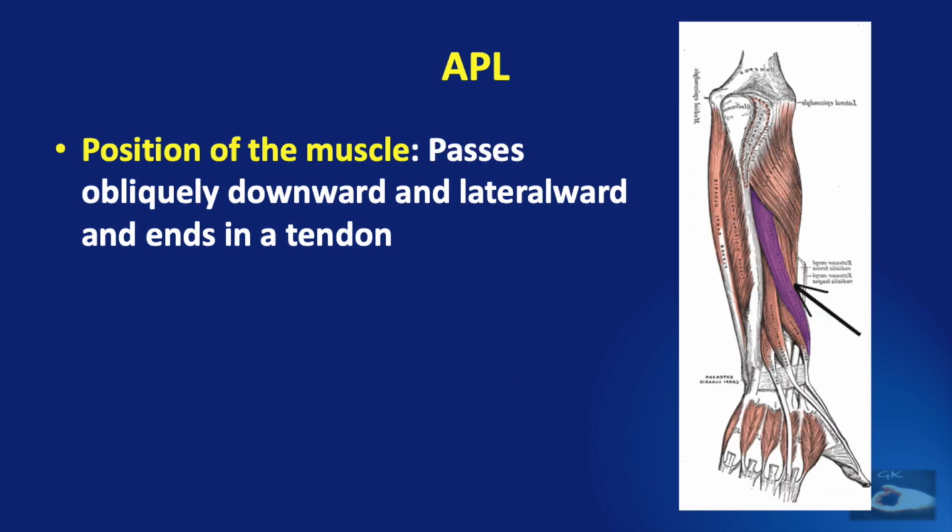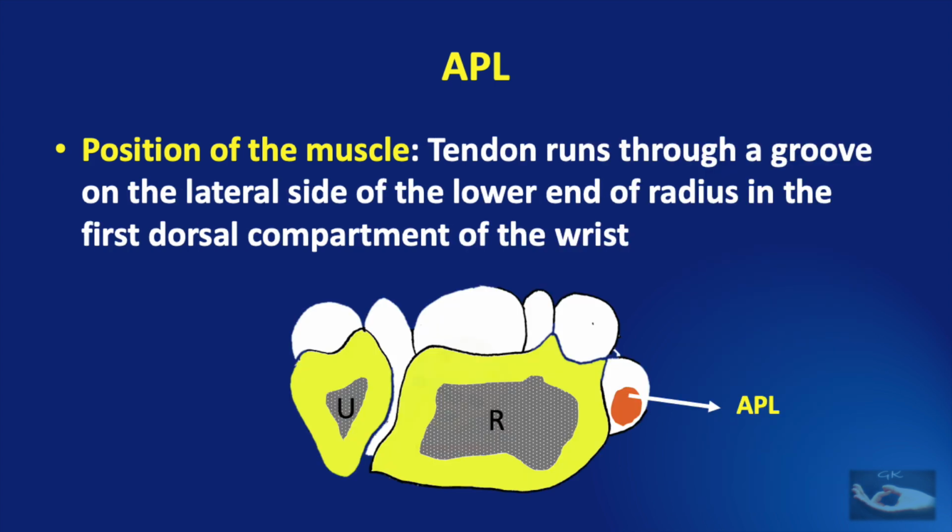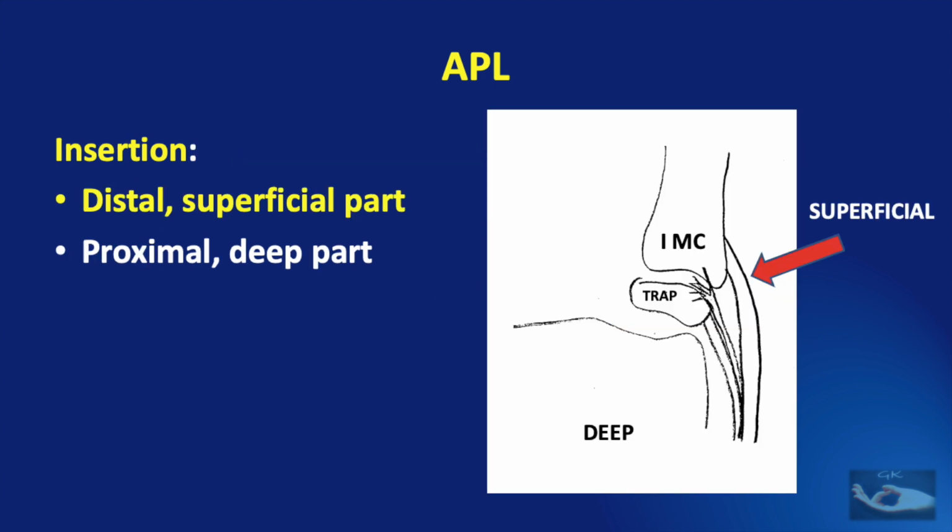The muscle passes obliquely downward and lateralward and ends in a tendon that runs through a groove on the lateral side of the lower end of the radius in the first dorsal compartment of the wrist, and in this compartment it is accompanied by the EPB tendon. The insertion of the APL muscle is interesting. It is inserted by two parts, the distal superficial part and the proximal deep part.